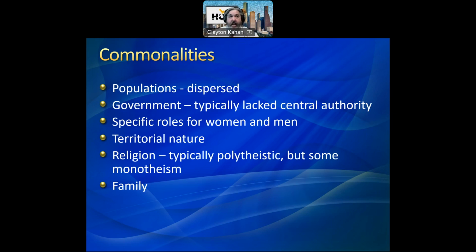But after the war council was over, or after a summer hunt, they would then disperse out into their own individual settlements. Okay. Now, these different groups of Native Americans occupy almost every corner of Texas as we know it today.